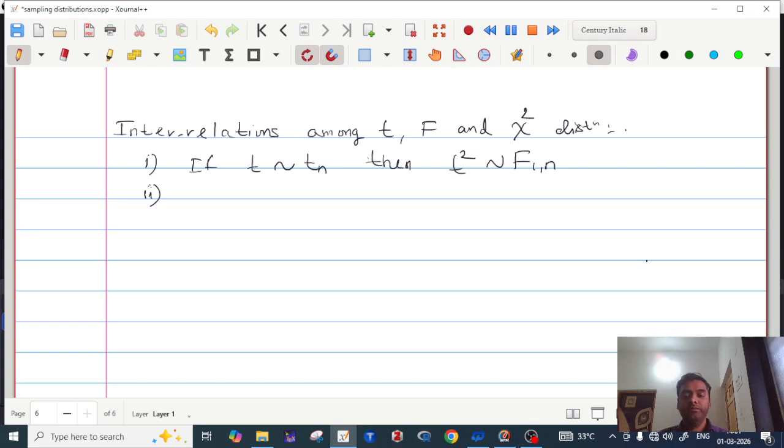Second is very common, which is directly from the definition of F. That is, the ratio of two chi-square variables divided by their respective degrees of freedom.